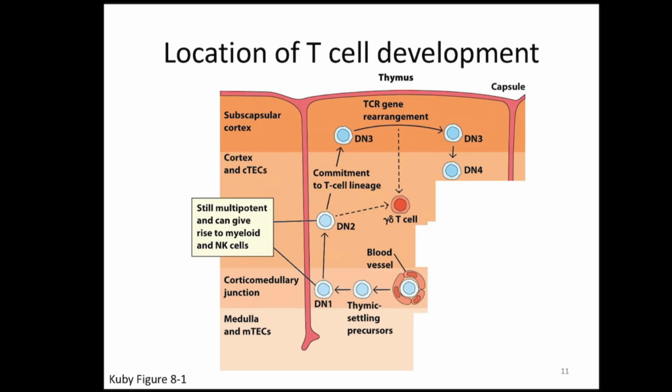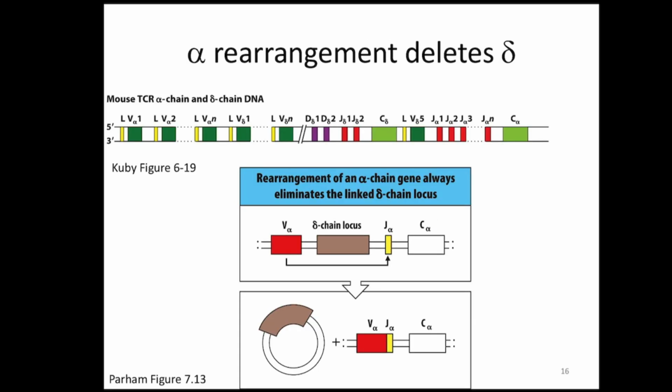The point of telling you this is that we can talk about what is the point of no return. When is the cell like, I definitely am alpha beta, I am no way going to do gamma delta, that option is closed to me? That is where I'm trying to get us to. The point of no return is when you make alpha, because when you make alpha, you actually delete delta.